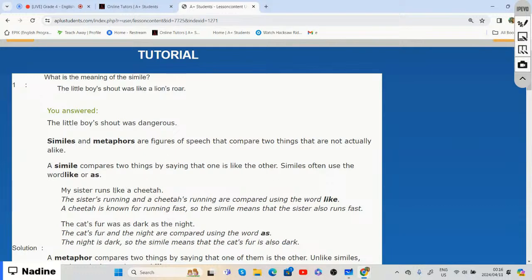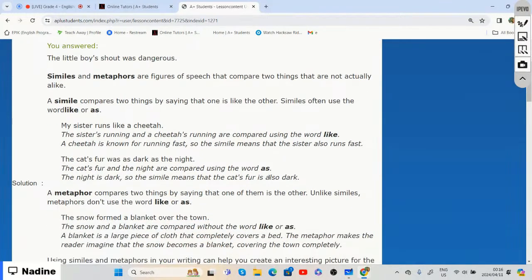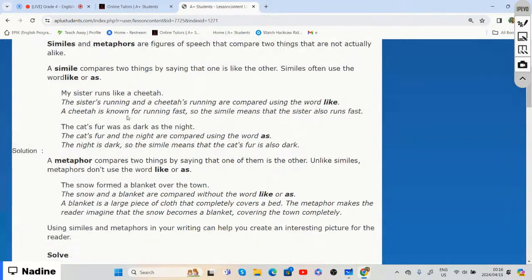And a simile compares two things by saying that one thing is like the other, and it often uses words like "like" or "as". If you look at an example, we say that my sister runs like a cheetah.